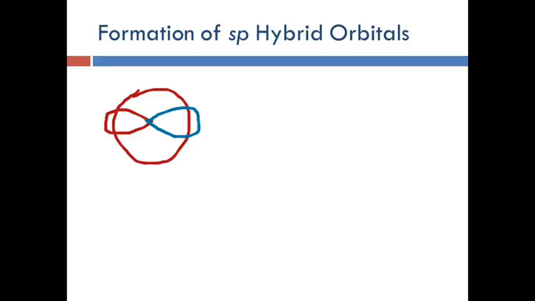Well, these can combine. This is adding. And so when we add these two together, these parts over here that are in phase are going to add together. And so that part's going to get bigger. And this part over here that's out of phase will have some destructive interference, and that will get smaller.